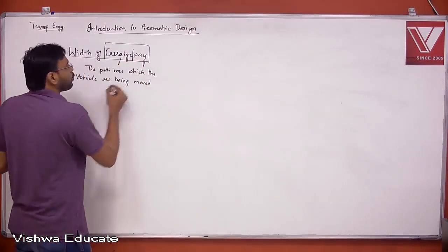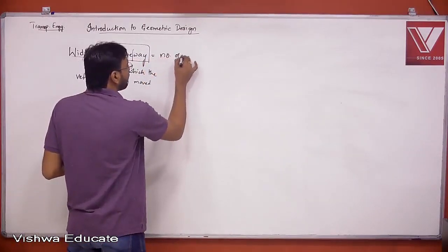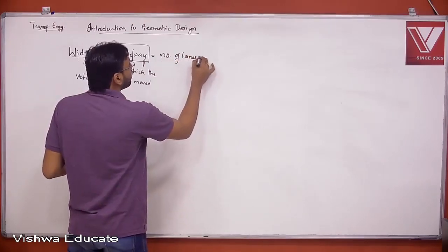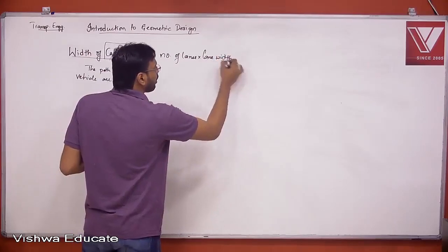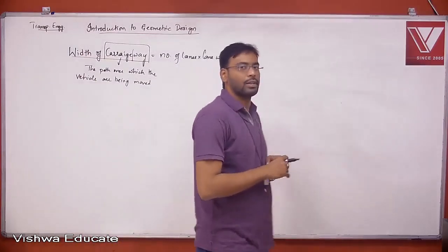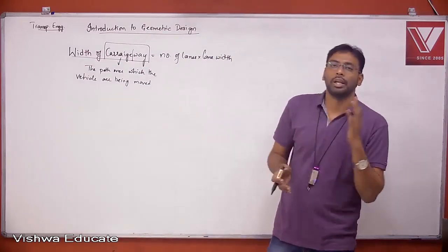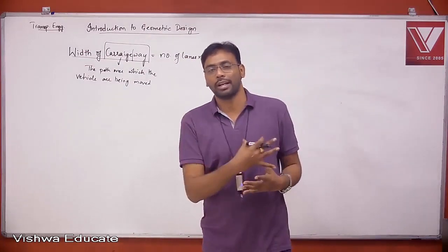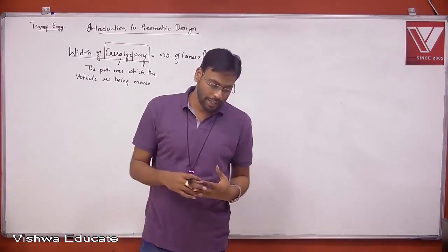Width of carriageway is equal to number of lanes into lane width. 1 lane road, 2 lane road, 3 lane road, 4 lane road, 6 lane road, 8 lane road, we call it, right? So number of lanes into lane width.